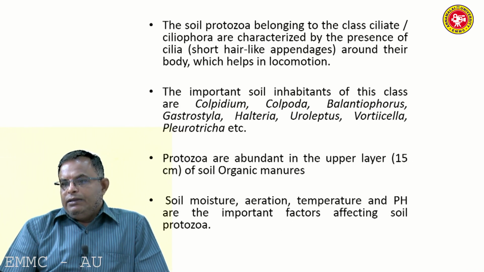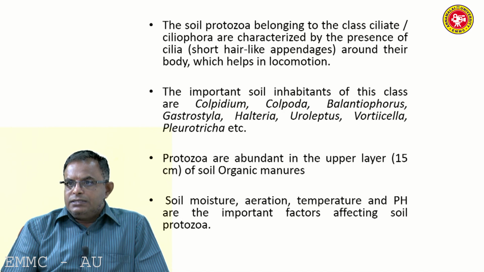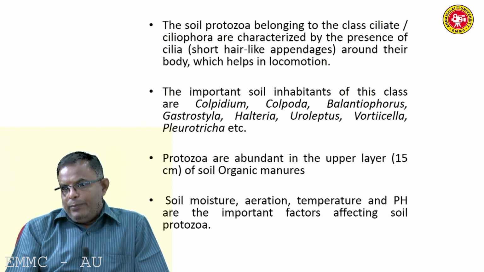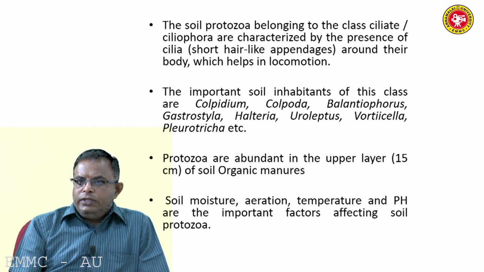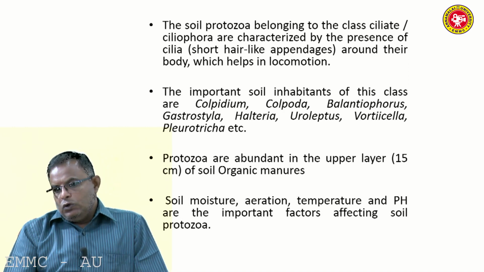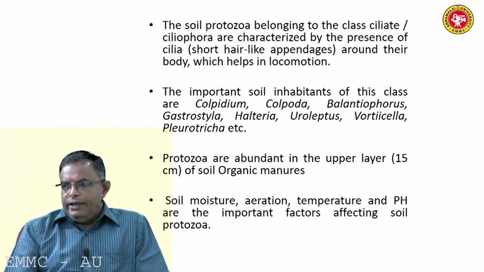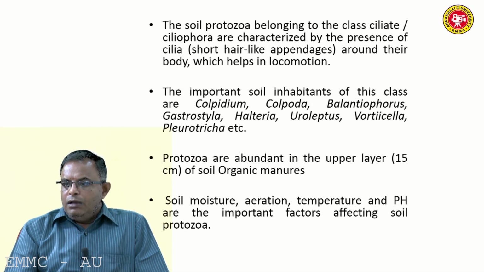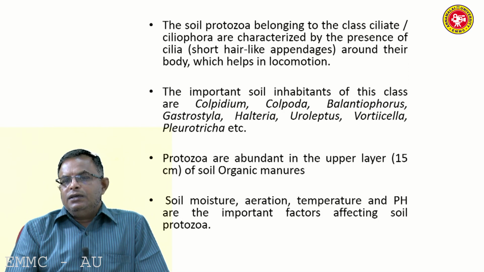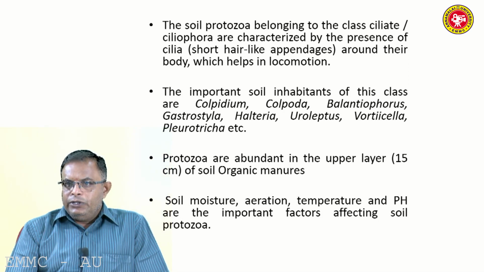The soil protozoa belonging to the class Ciliata are characterized by the presence of cilia, which are short hair-like appendages present around their body, which help in locomotion. The important soil inhabitants of this class are Colpidium, Colpoda, Gonostomum, Gastrostyla, Halteria, Uroleptus, Vorticella and Pleurotricha.